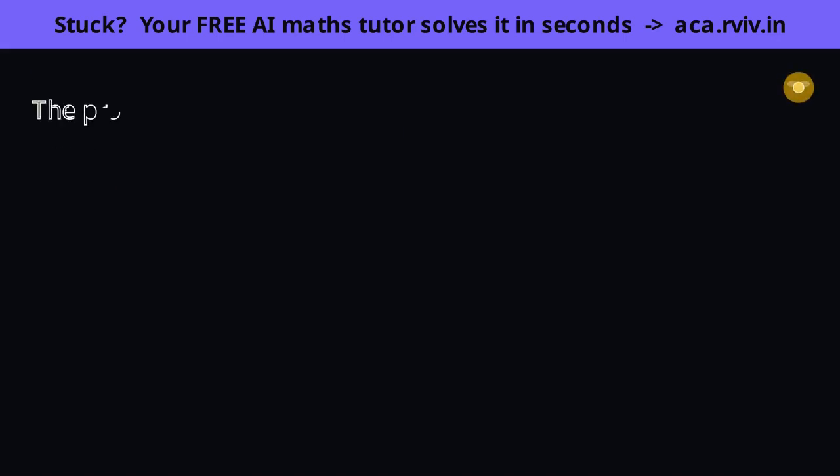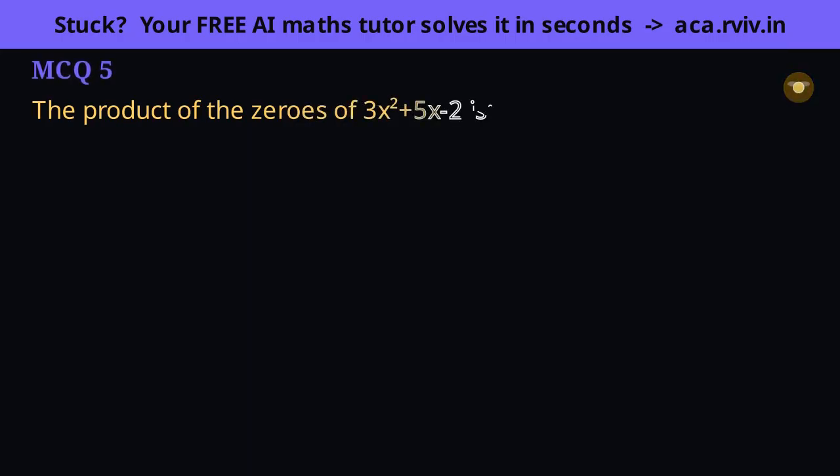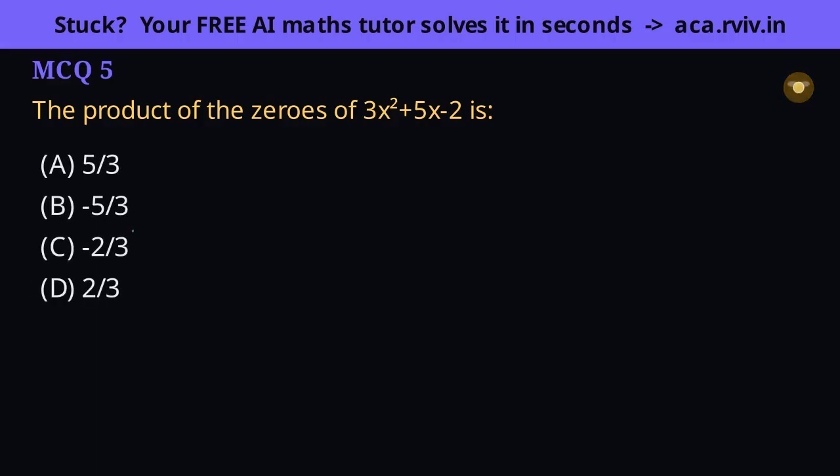Question 5. Find the product of the zeros of 3x squared plus 5x minus 2 and notice the leading coefficient is 3, not 1. Consider the 4 options. Product of zeros is c over a. Here c is minus 2 and a is 3, so the product is minus 2 over 3.